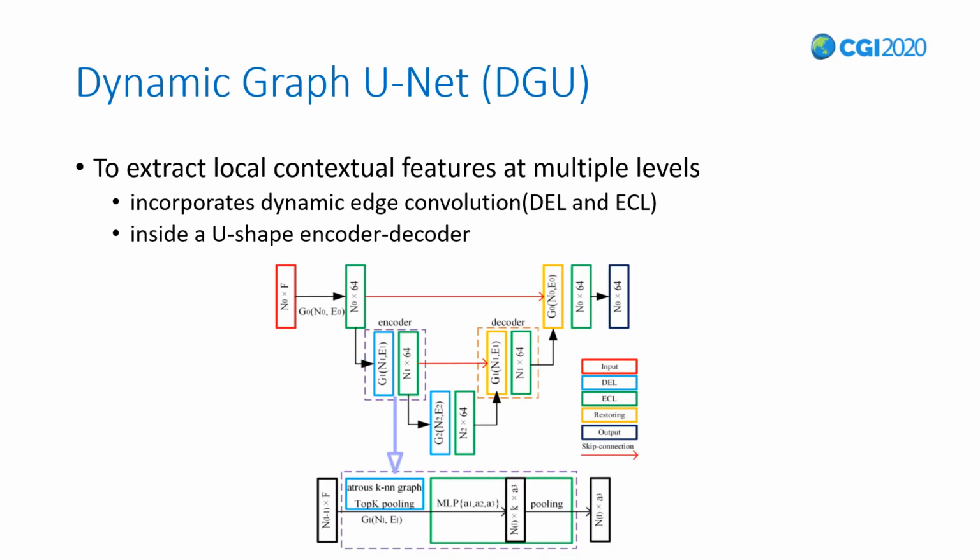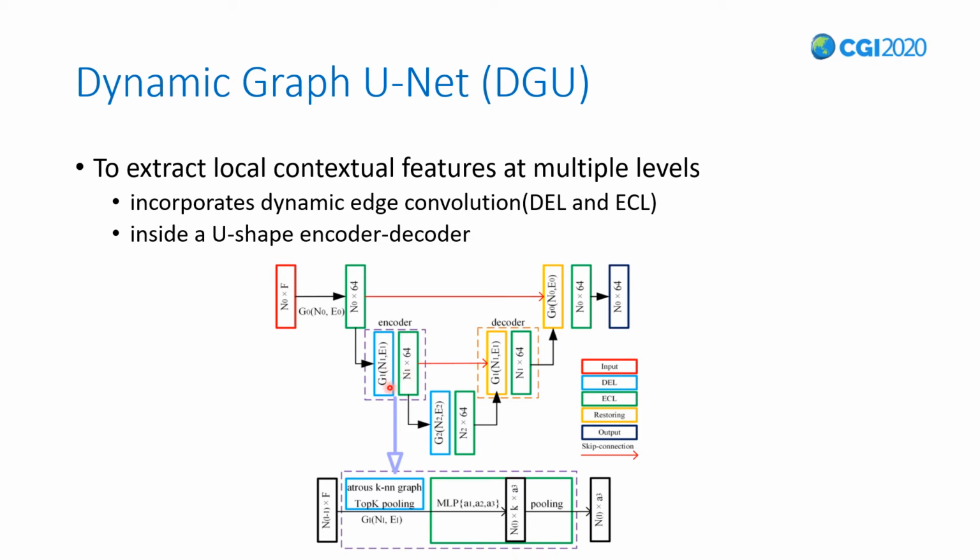In order to extract local contextual features of point cloud, it is beneficial to process graph data through multiple levels. Our dynamic graph unit incorporates dynamic edge convolution inside a U-shaped encoder-decoder.